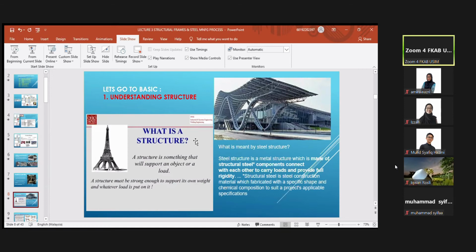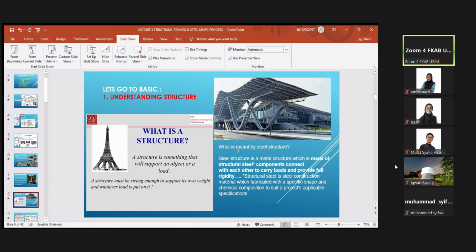Actually, they do all the calculation. So the structure must be strong enough to support its own weight, and also whatever load put on it. I mean, the own weight, I mean dead load. Dead load. And what other load is actually is a live load. Human beings, furniture, whatever that moves around, or you put it add on to the floor. That is a live load.